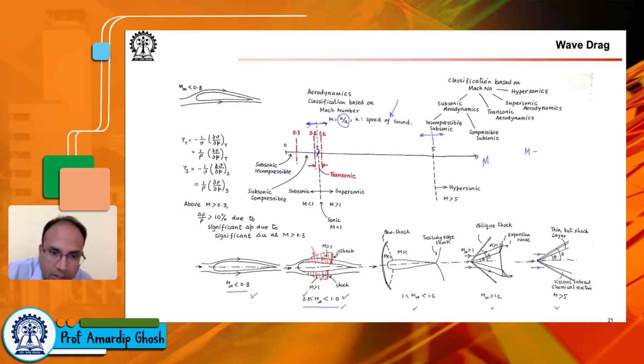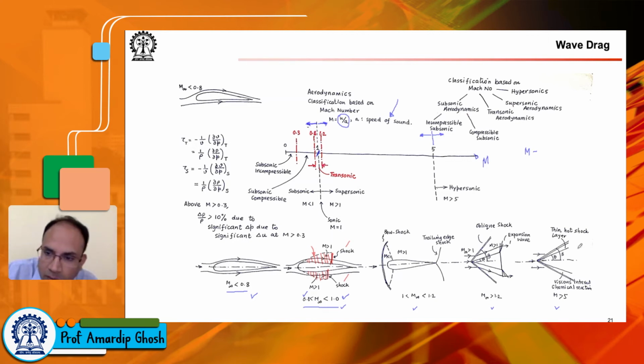As you see here, the flow has reached supersonic speeds on the top and bottom surfaces, and we see the presence of terminal shock waves. Okay, in fact, this is the source of wave drag for subsonic aircraft.